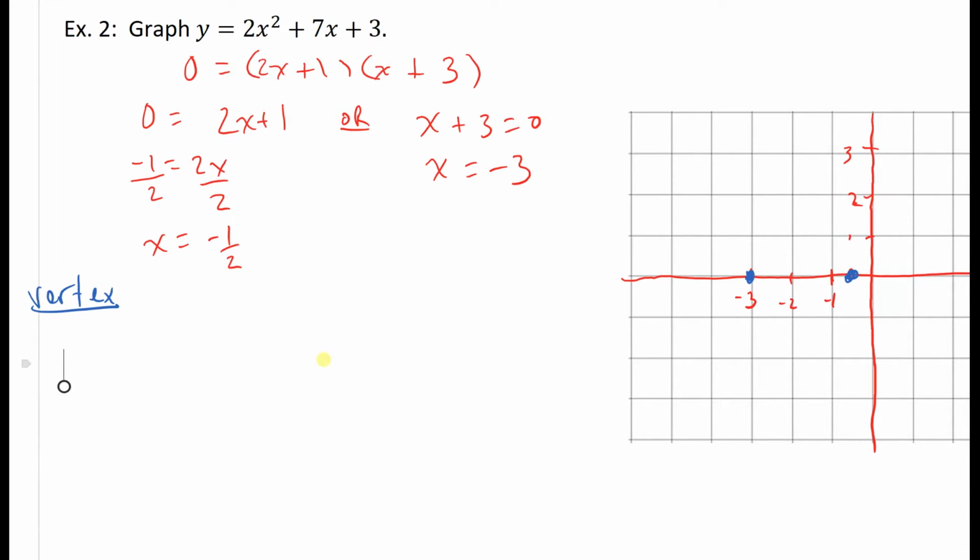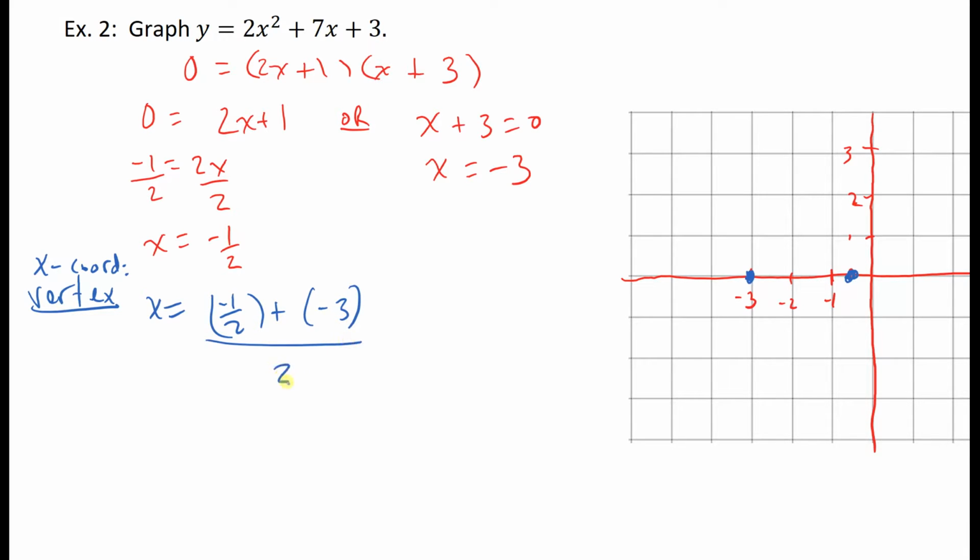So to find the x-coordinate of the vertex, we want x is equal to, we're going to add together our x-intercepts and divide by 2. So we have, I'm going to do decimals because we're graphing.